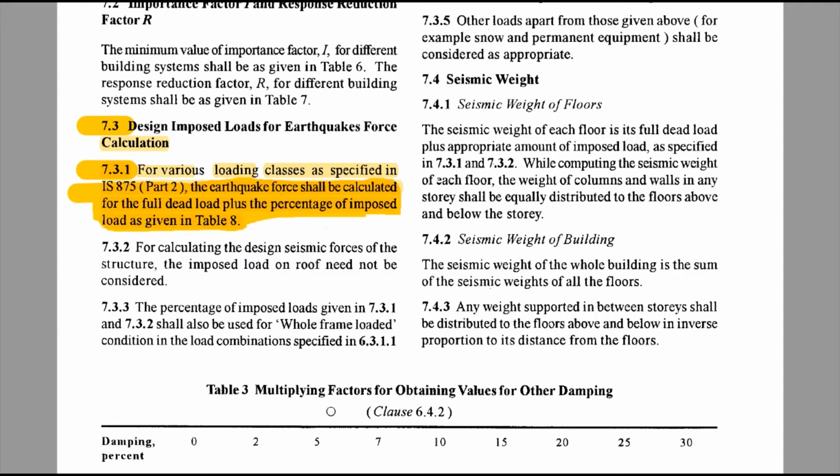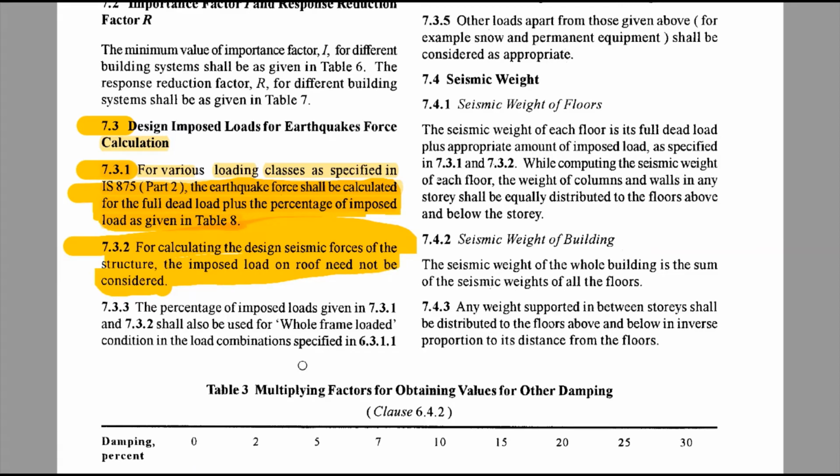So the total load on a building for calculating earthquake force is the full dead load plus the percentage of imposed load as given in Table 8. So in Table 8 we have to find the live load. And for calculating the design seismic force of the structure, the imposed load on the roof need not be considered.